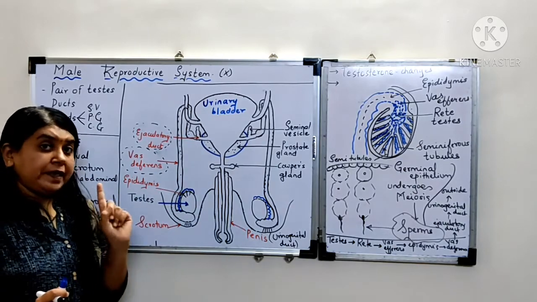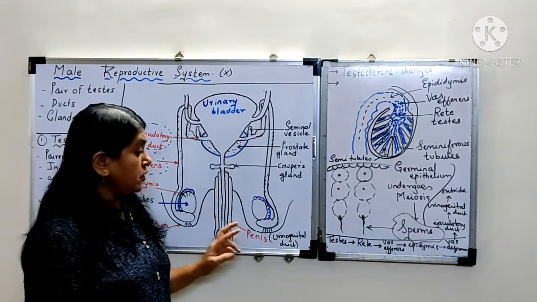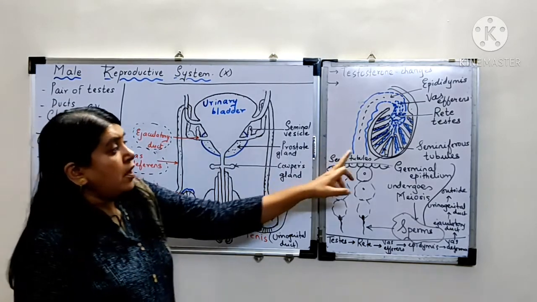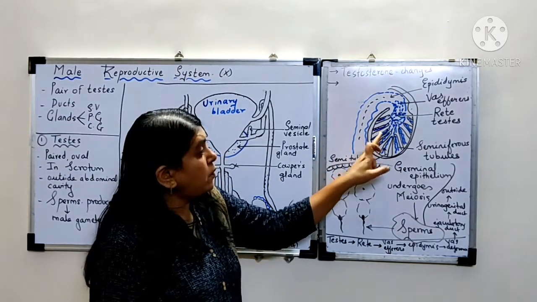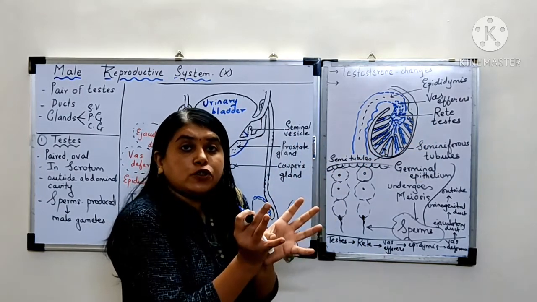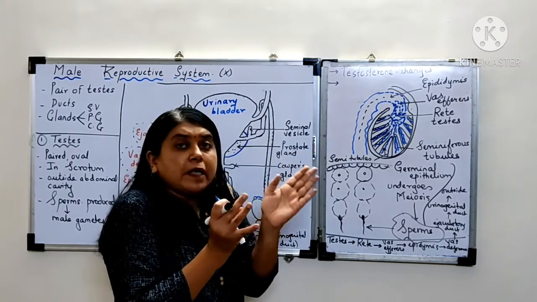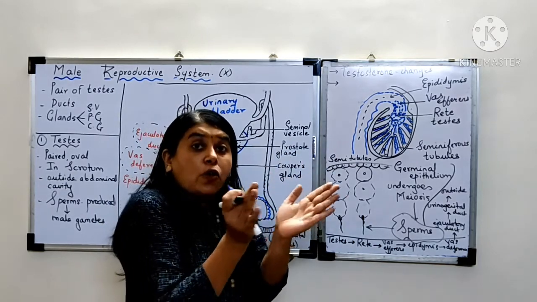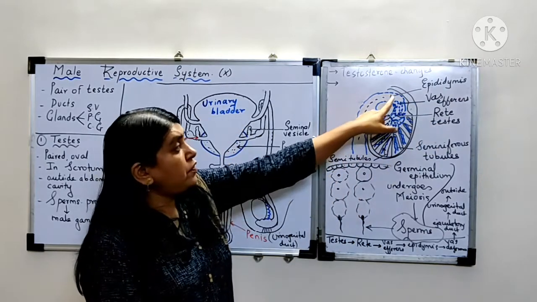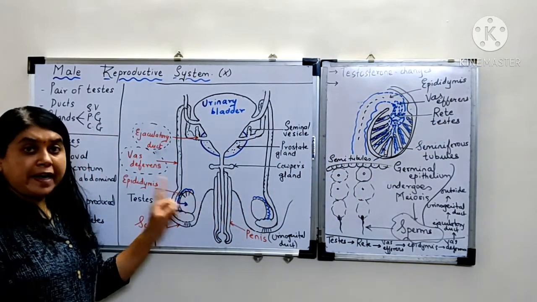So once again I am repeating, please pay attention. Sperms are produced here in the testes, in the seminiferous tubules. From here they will pass to the rete testis. It is a network of seminiferous tubules. They will converge to form vas efferens. Vas efferens opens here into the epididymis.